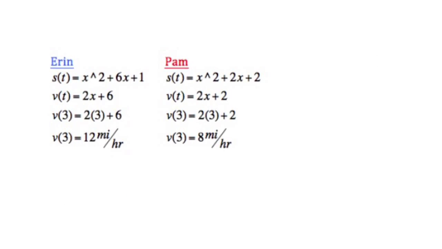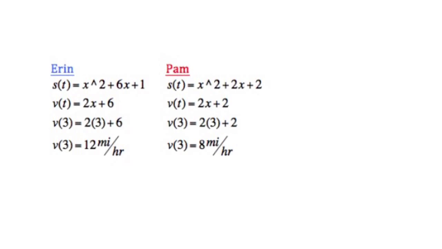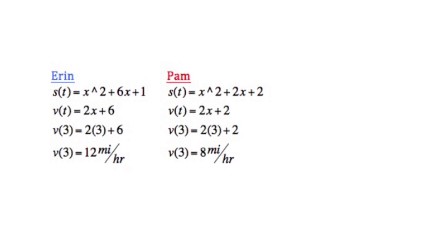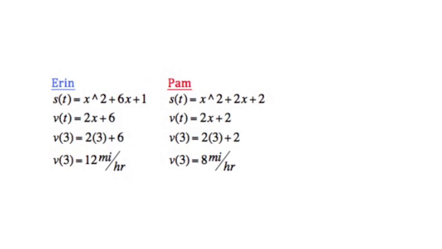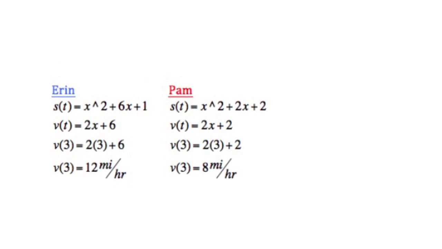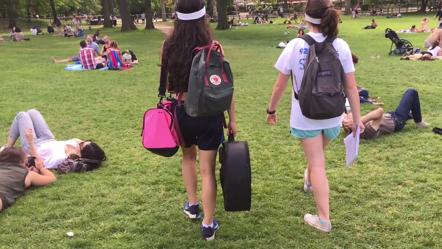Since we are already given Erin and Pam's position functions, we can simply take the derivative of both equations and get their velocity functions. Then we just plug in 3 for t and find that Erin is traveling at 12 miles per hour while Pam is running at 8 miles per hour. So Erin is traveling faster than Pam at time t equals 3 hours. Great job to both Pam and Erin.